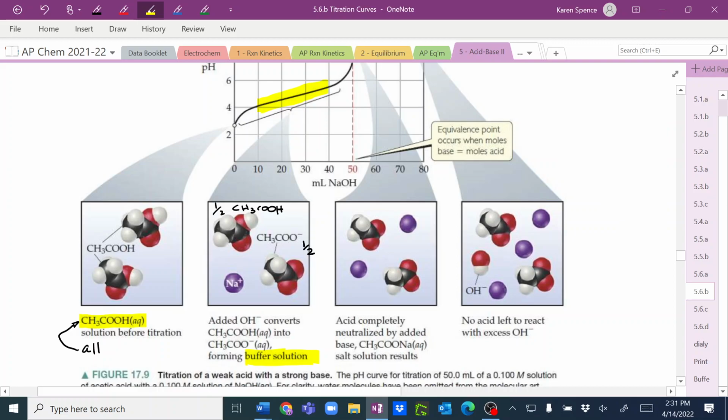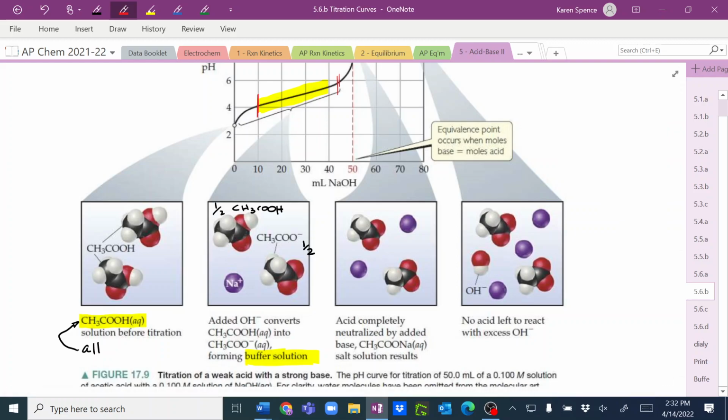You'll notice once you come out of it, you're starting to come out of the buffer region here, because it's starting to pick up, and you didn't get into it until about there. You don't really need to know how to find those volumes. You just need to look at the curve and say, oh, look, that's where it's staying fairly constant, where it's sort of flat-ish comparatively to the regions around it.